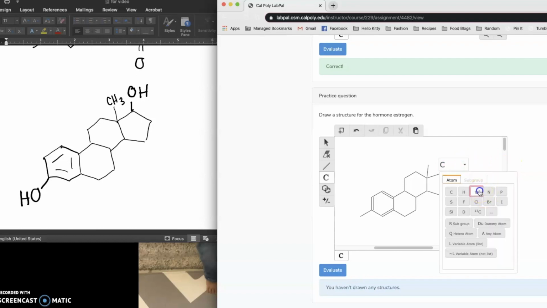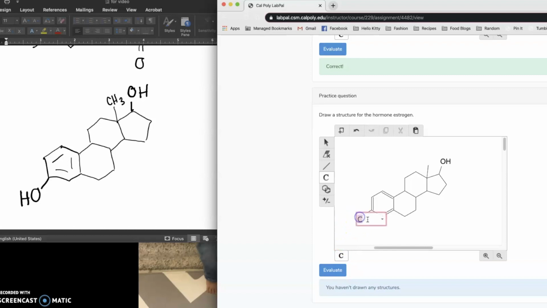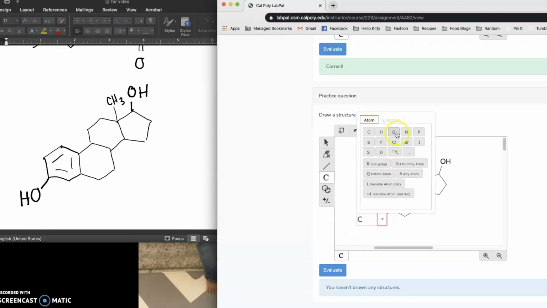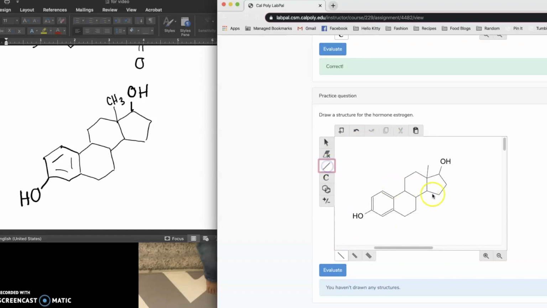Change it to oxygen, and it will change it to OH automatically. And then change this one to oxygen, and it will also do it automatically. Okay, and then, oh, wait, I made a mistake. Okay, so I'm gonna go click my eraser, and then hover over this bond, and then erase it. Okay, so let's click evaluate. Awesome.